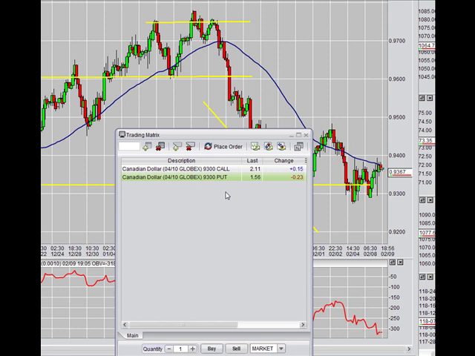Now the put, if I'm wrong, it can go against me unlimited, and my reward is only 156. If I short the put, my max reward is 156, no more. If this breaks through 93 and all of a sudden gets bearish, I'm going to lose more. I could lose more than what my potential reward is. Not the case with the call.